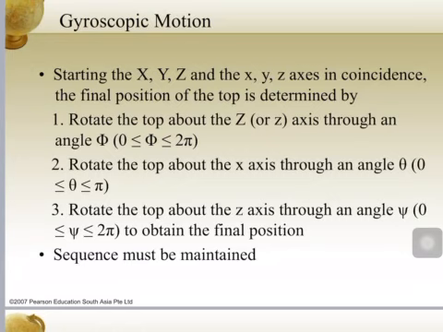So we have large X, Y, Z axes, and we also have small x, y, and z axes. What is the difference between these two? The big one is the original position, and the small x, y, z is the current position of the axes of rotation.